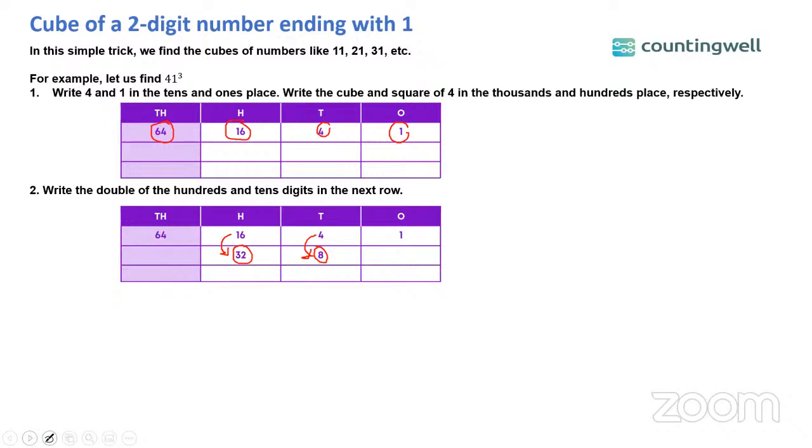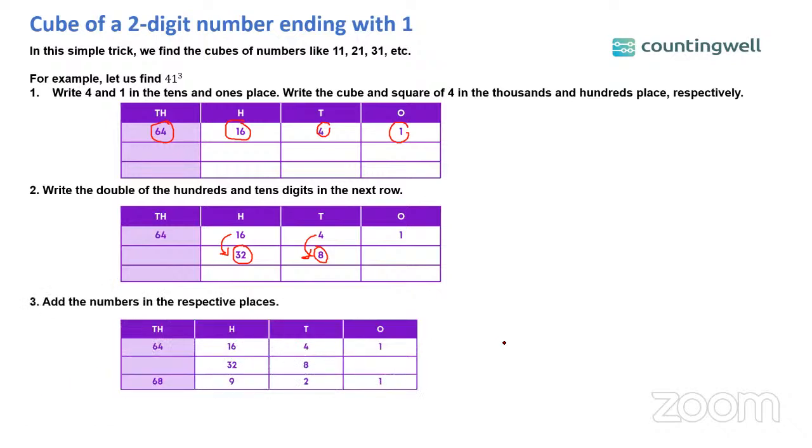Next, we will add the numbers in respective places. So 1 will be carried as it is. Sum of 4 and 8, you will get 12. 16 plus 32, you will get 48.